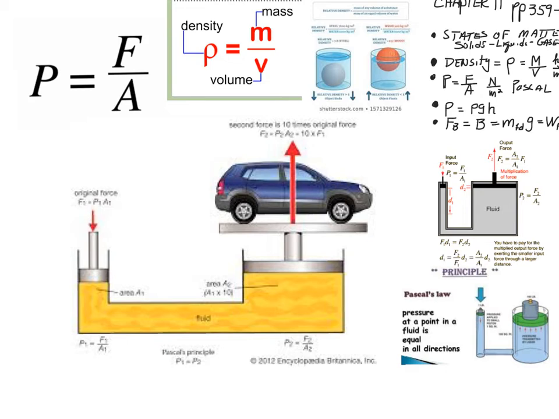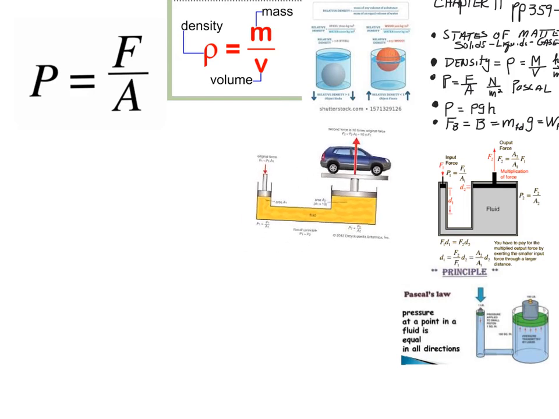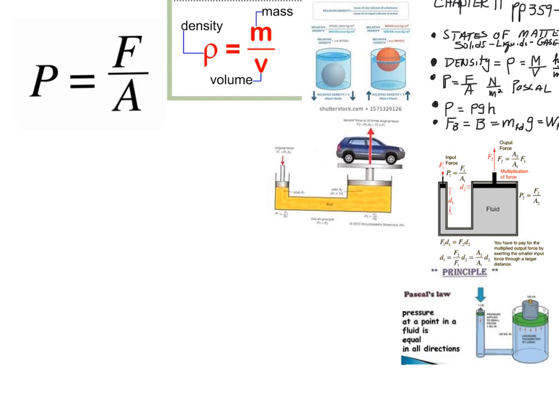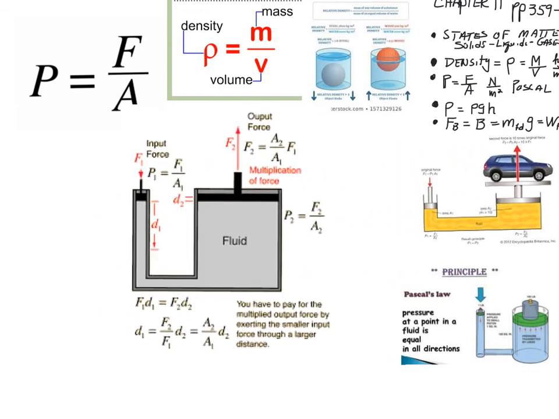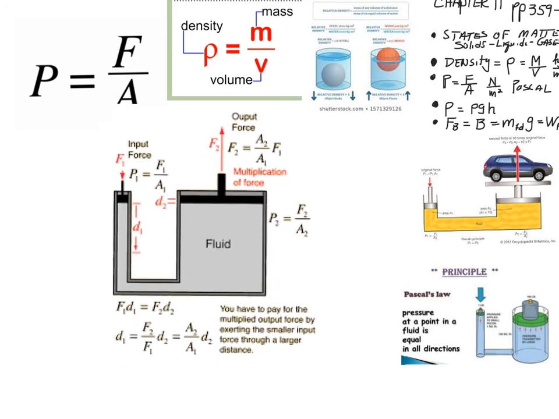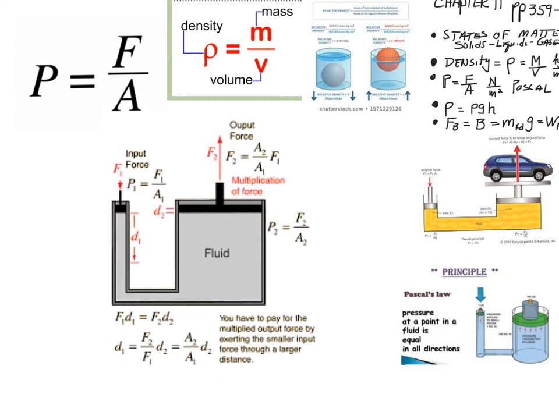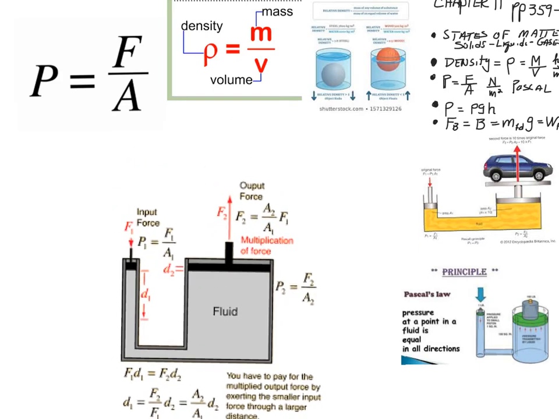This will show up in the assignment, Pascal's principle, to figure out, in any given situation, what that would mean. So in simple terms, it's kind of like using a pulley where we can increase our force. It's a force multiplier.